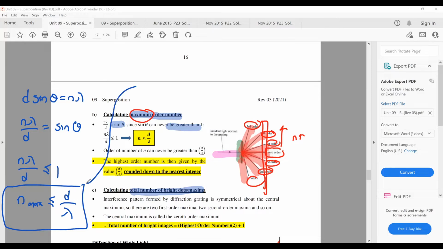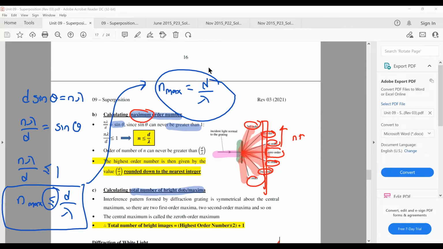Sometimes in your marking scheme, they don't use the inequality. They just say n max is d over lambda. You will eventually see this being used in your marking scheme. So to find your maximum order number, you need to use the ratio of d over lambda.